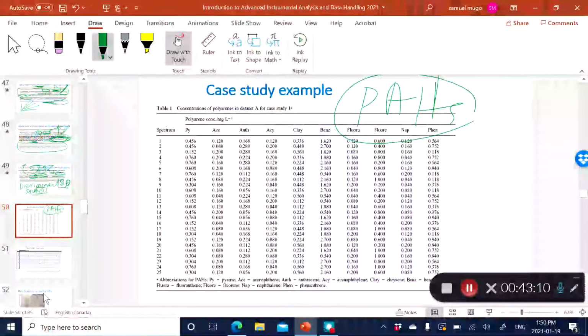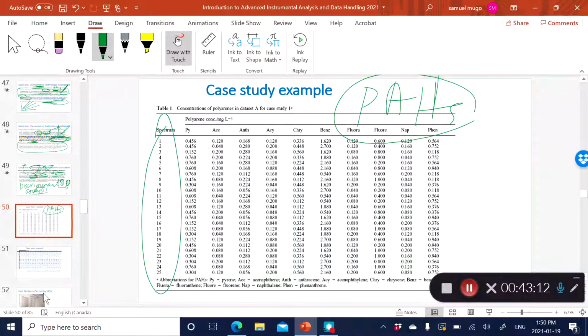So what I would do is I would build, say, 25 different standards, say, of pyrene, acetylnaphthalene, anthracene, and so on. All these are different types of PAHs. I make different concentrations. Because you can see these are standards, I run all these standards of known concentrations.